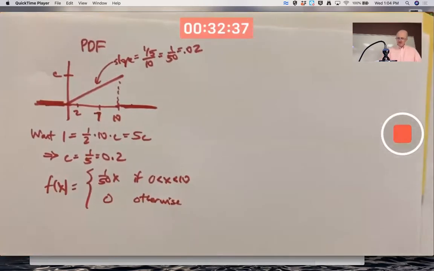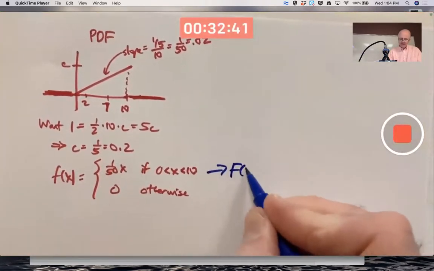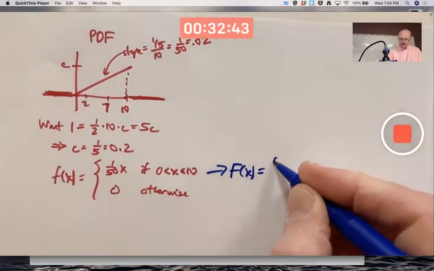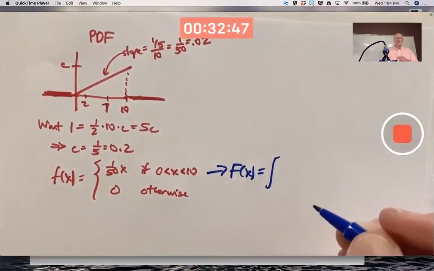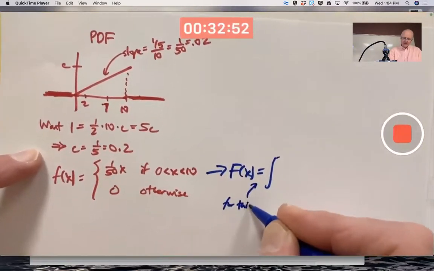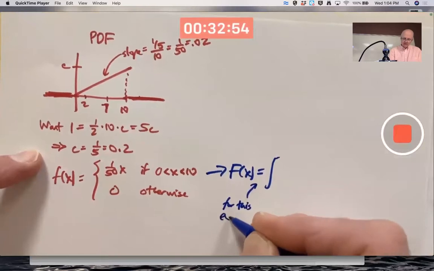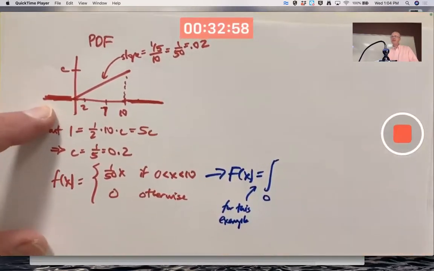As before, technically speaking, the CDF is the integral of the PDF in general from minus infinity to x. But once again, for this example, we can start the integral at 0 because the PDF is 0 when x is negative.